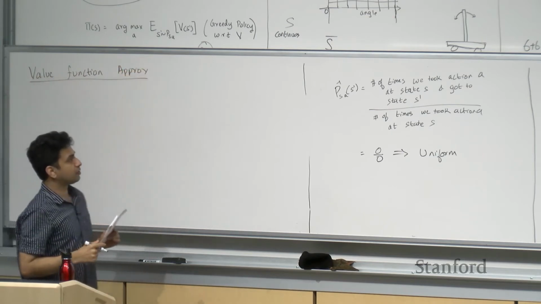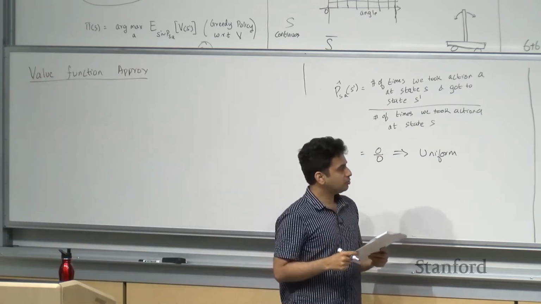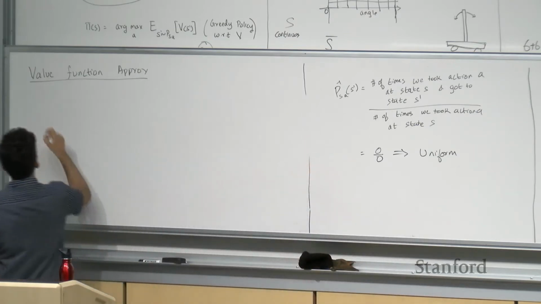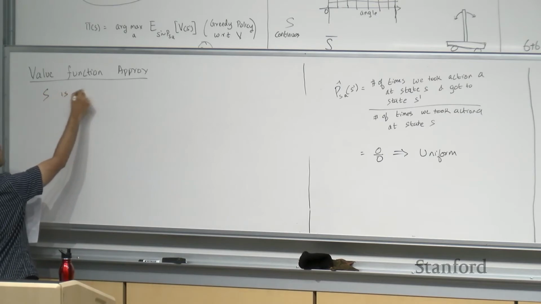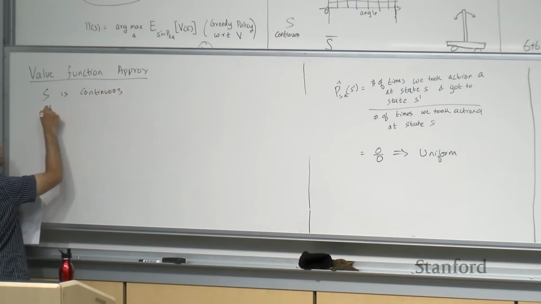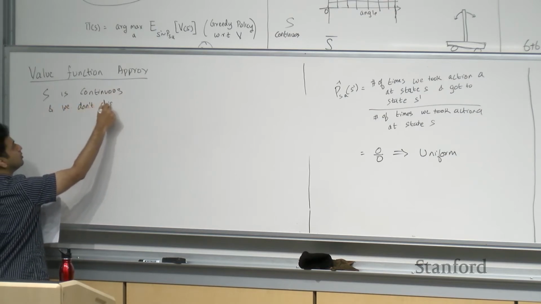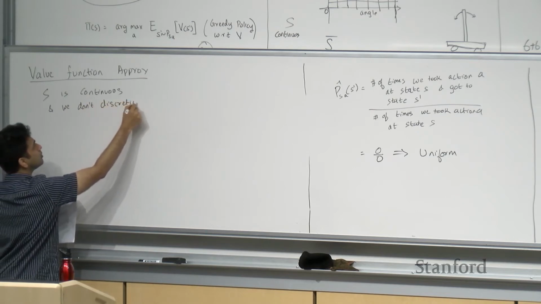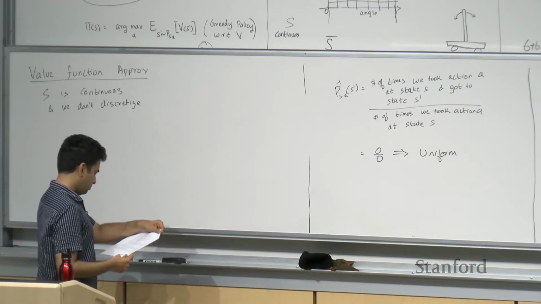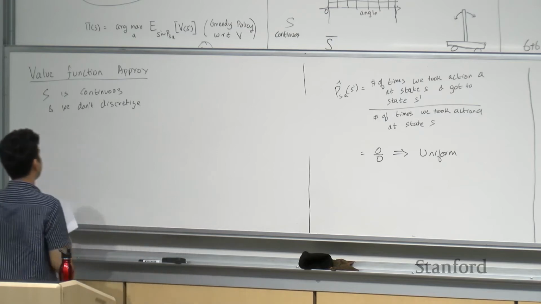So in value function approximation, we now want to work in a setting where S is continuous, and we don't discretize. In this case, the most common setting is to have some kind of a simulator.